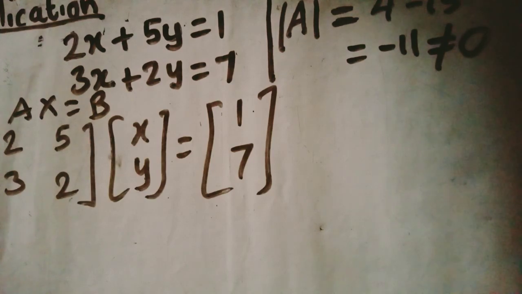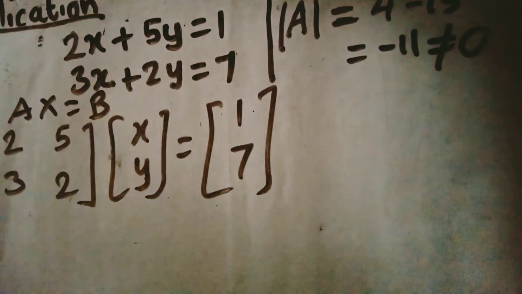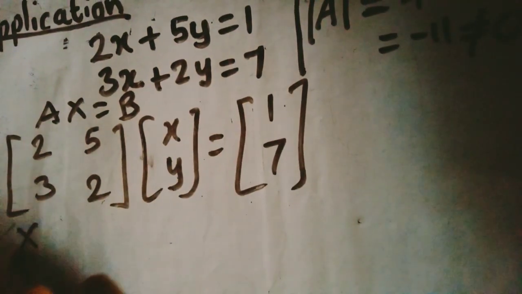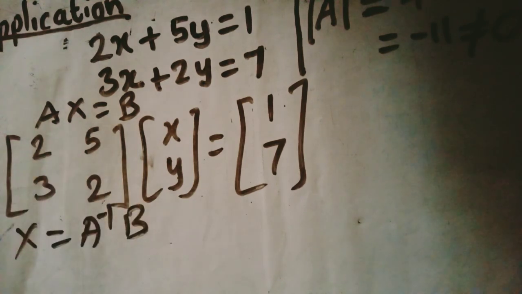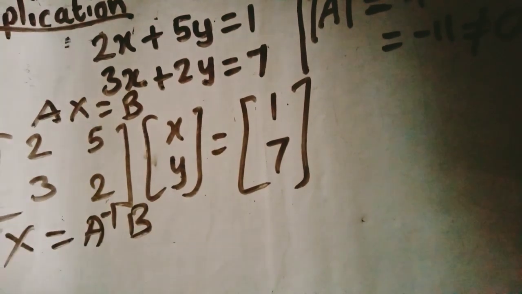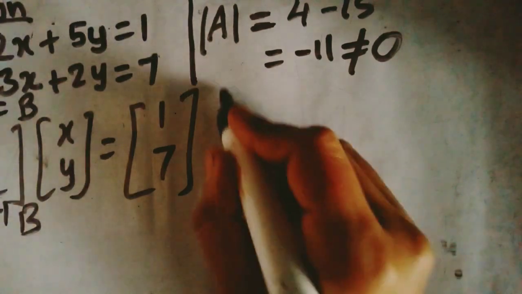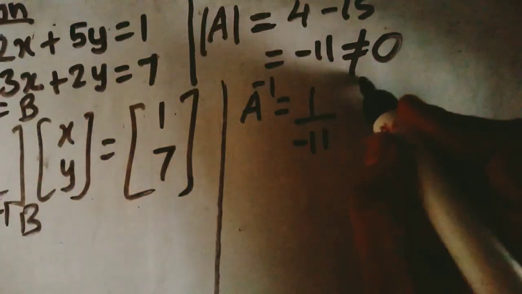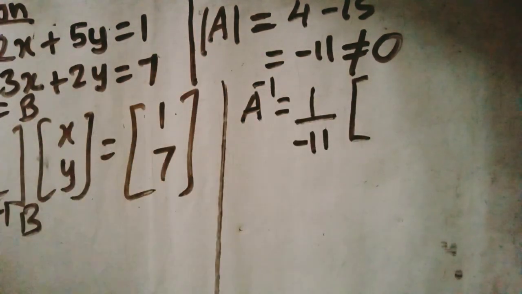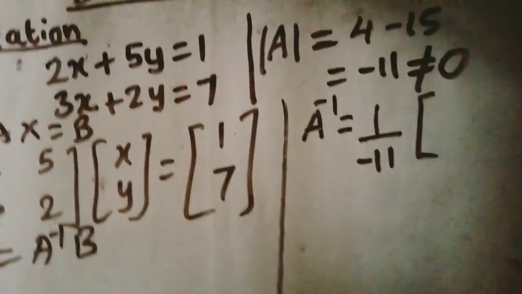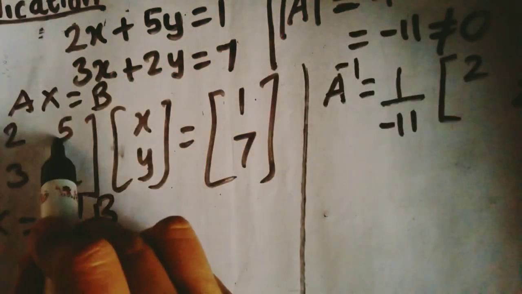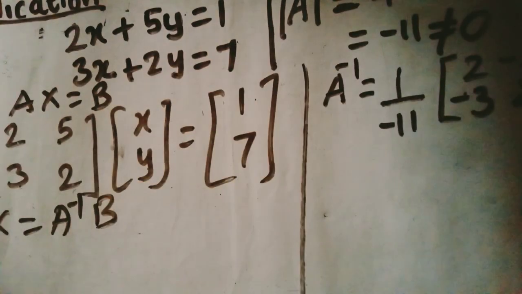Now X is given by A inverse B. A inverse is one upon the determinant of A, that is minus 11, times the adjoint of A. Since this is a 2 by 2 matrix, I can directly find the adjoint: you interchange the diagonal elements and take the negative sign on the others.